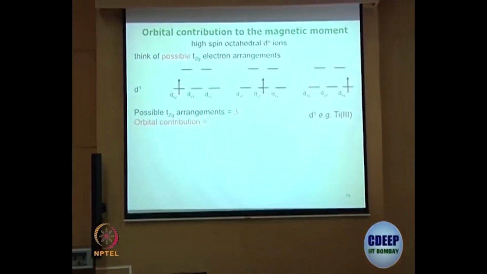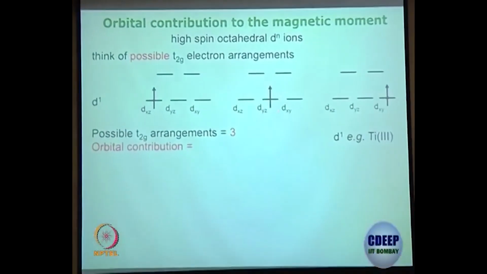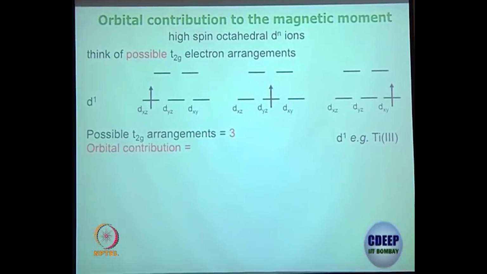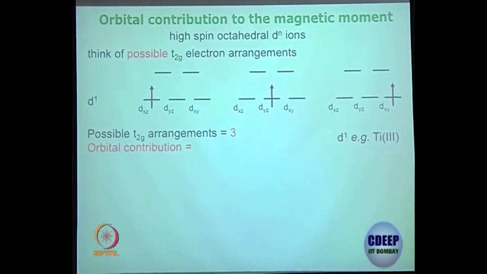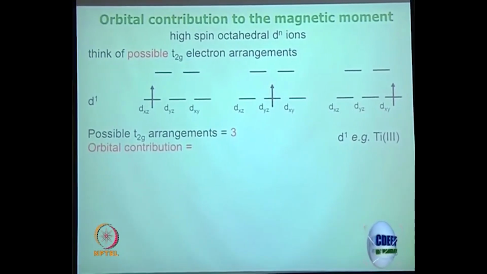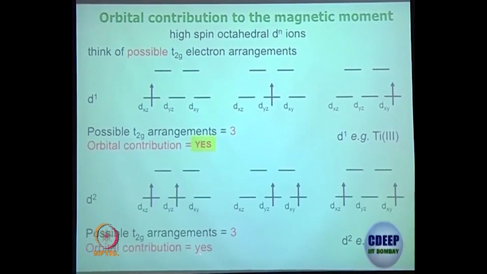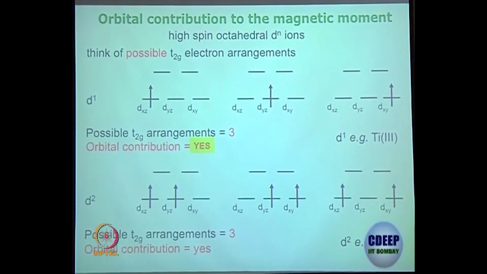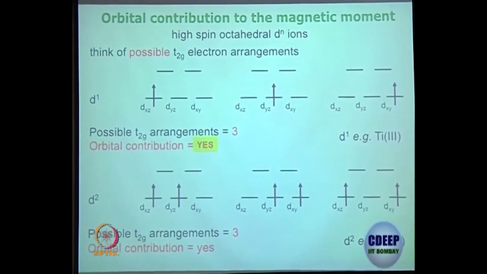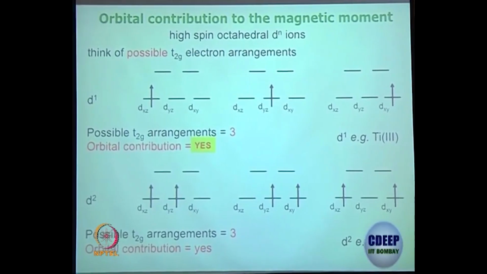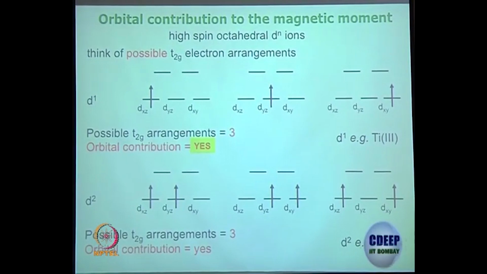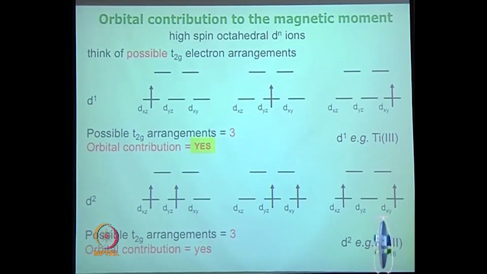Now this is the same thing I was trying to say. D1 can have these three different contributions. For example, titanium 3+ has a D1 electronic configuration, and therefore orbital contribution will be there. For example, D2, vanadium 3+. So the question could be, let's say a complex is given with vanadium 3+, and you are asked whether it will have any orbital angular momentum or not, or it may be asked indirectly in some other form.